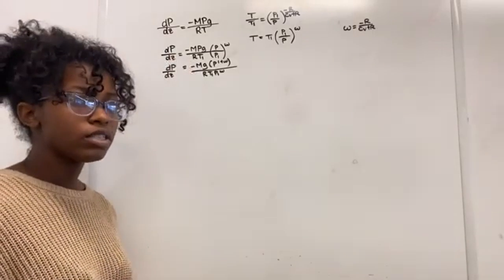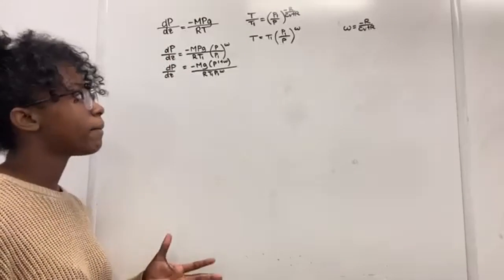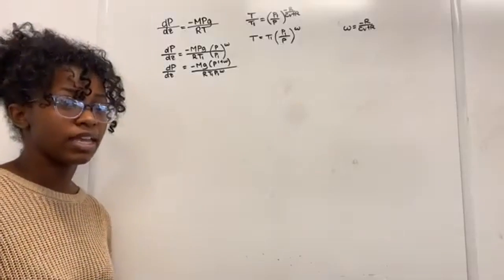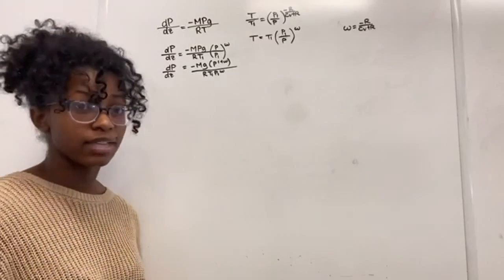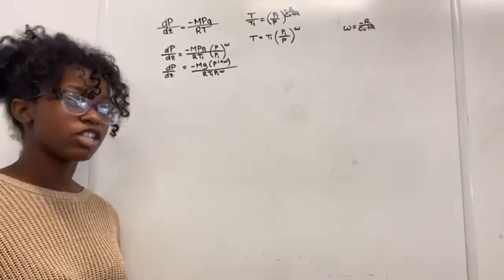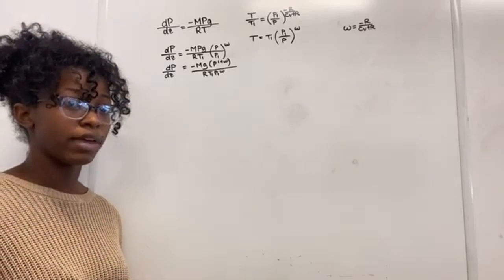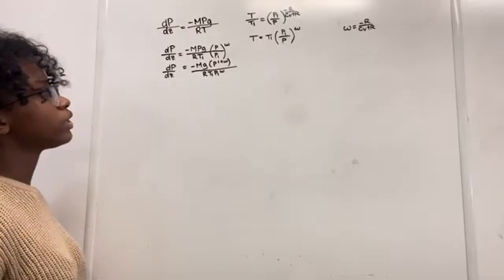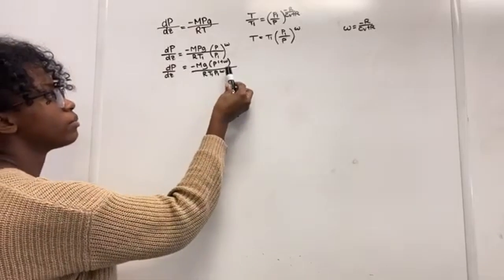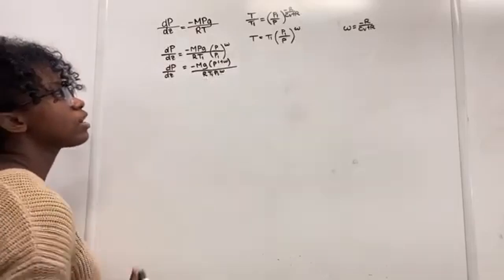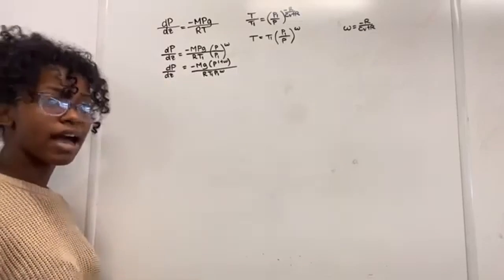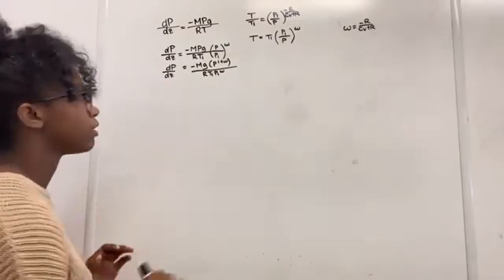And so we're going to want to set up this equation to be ready for integration, so we can actually reflect how pressure and temperature change with respect to the change in altitude. So we need to divide both sides by this pressure term, and then multiply both sides by our dz term.